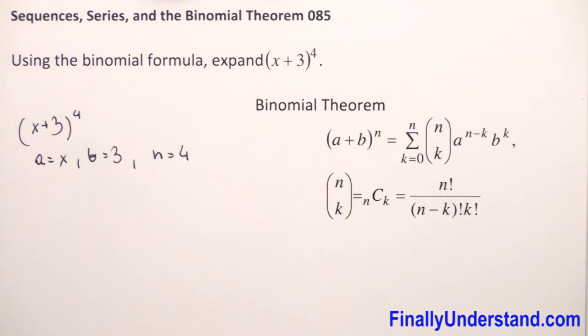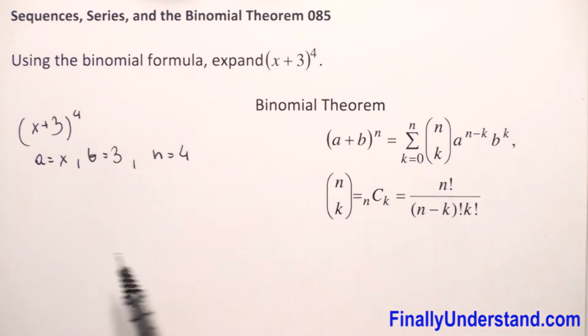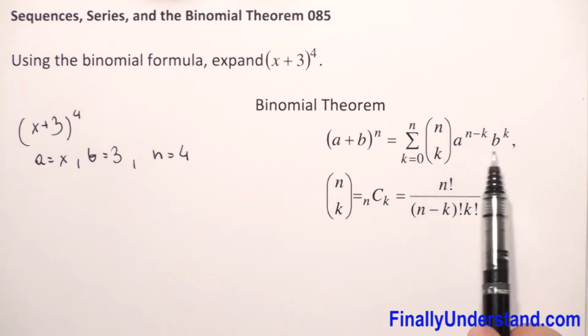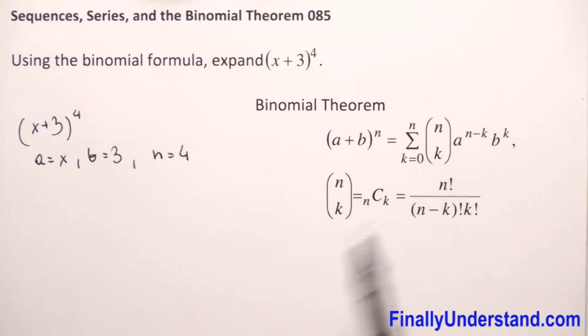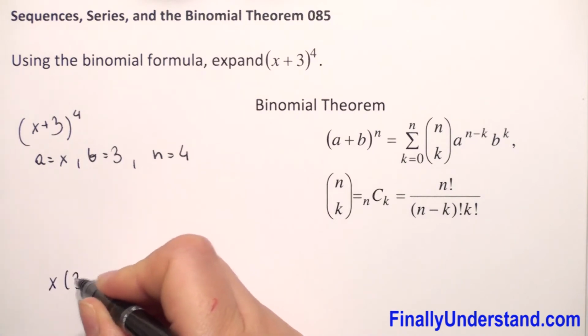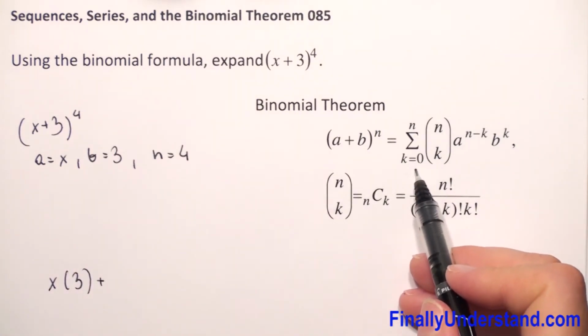So now, let's write this product. How many times? Because the power is 4, we need one more, so 5 times we have to write the product a times b. So we have x times 3, like I said, because we have the sum from k equals 0.